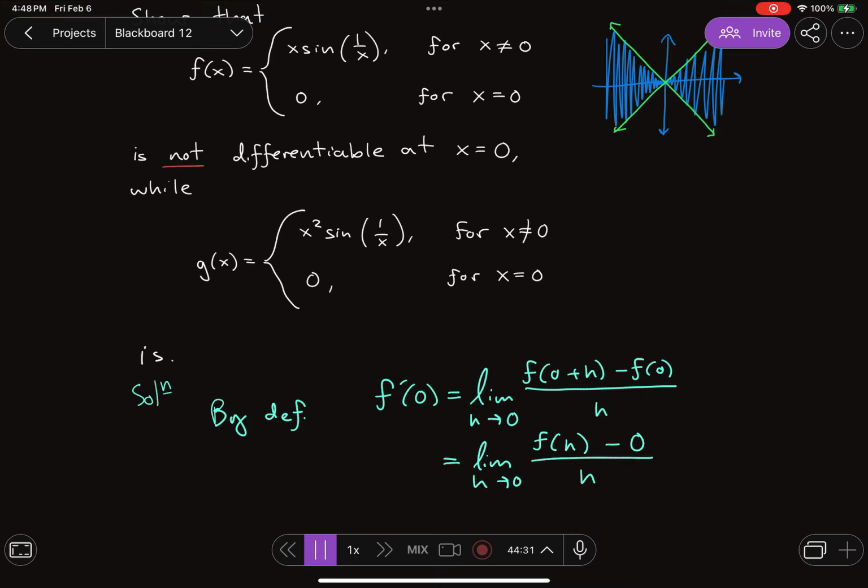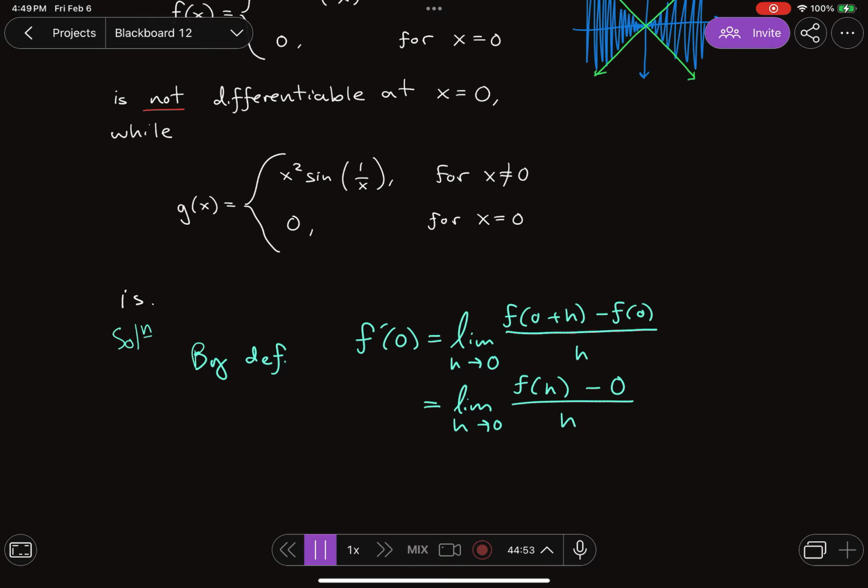All divided by h. And then we ask ourselves, what is f of h? Well, h is approaching 0. H is not equal to 0. That's the definition of this limit. So I ask myself, which part of the function do I look at? It's this one up here, because h does not equal 0. And therefore, this part of my function is what I should input there.